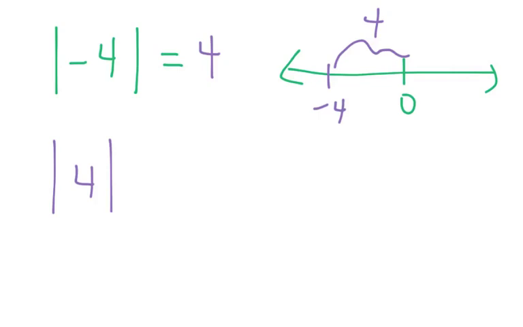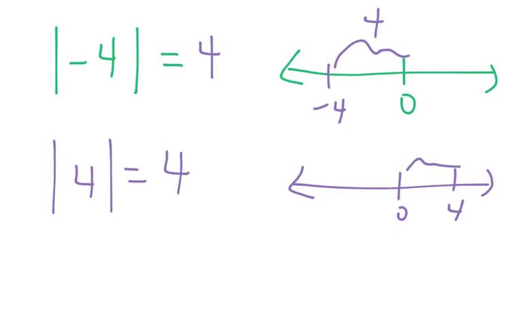Then, what's the absolute value of 4? Again, what is the distance from 0 to 4? It's also 4. So whenever you take the absolute value of a number, just keep in mind the expression comes out of the bars as positive, unless there's something on the outside that forces it to be changed back.